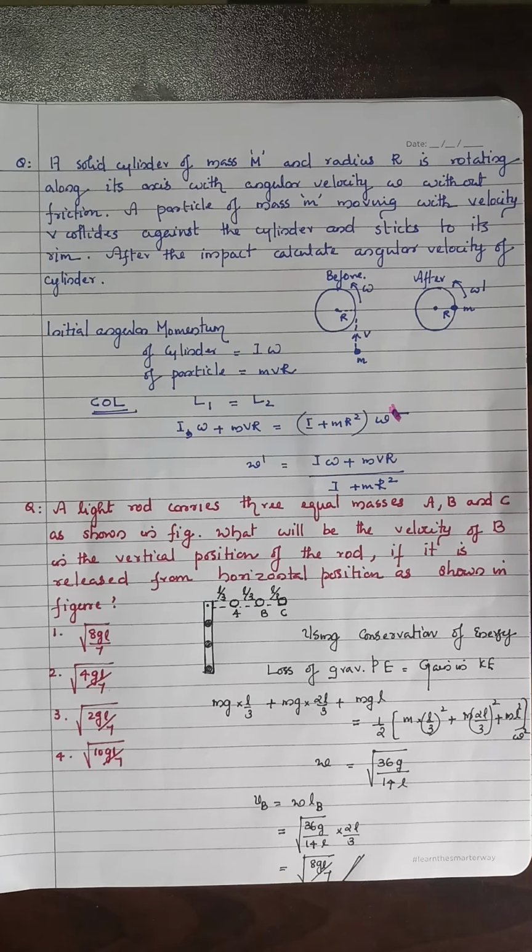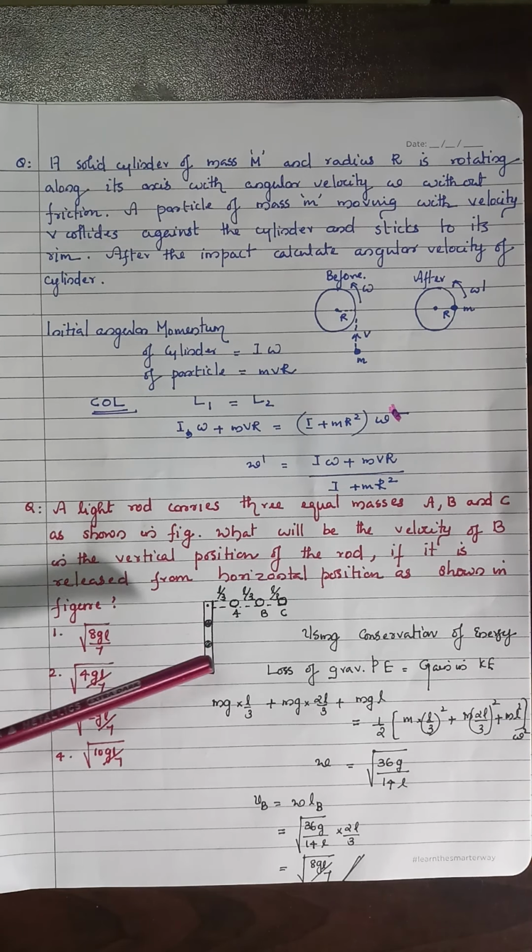A light rod carries 3 equal masses A, B, C. What will be the velocity of B in the vertical position of the rod if it is released from the horizontal position? So, the loss of gravitational potential energy is equal to the gain in kinetic energy. Here we have to think about the rotational aspects.